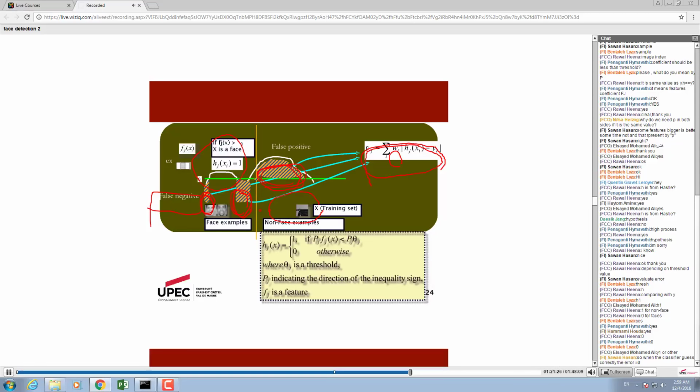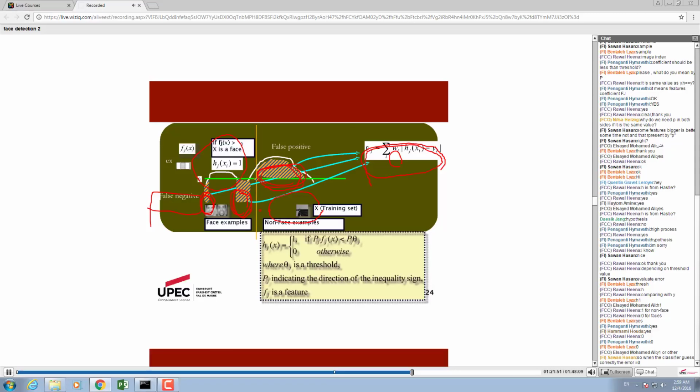So when the answer of hj is correct, it gives us the same answer as y. We already know y, the label. Let's say xi was a face image, then y will be 1.